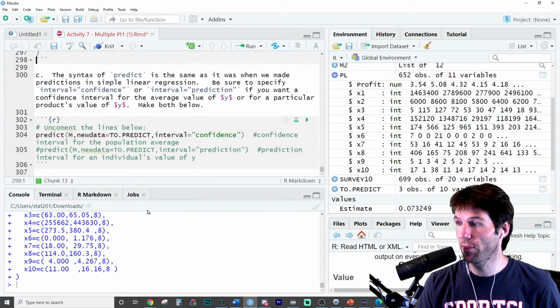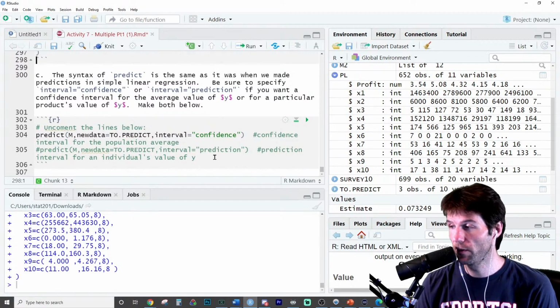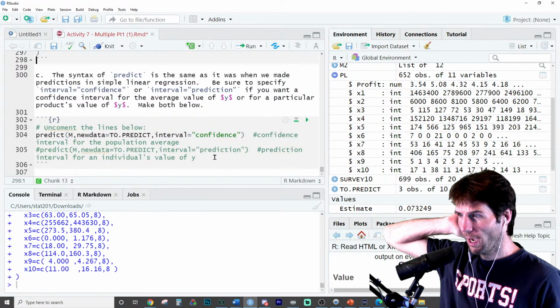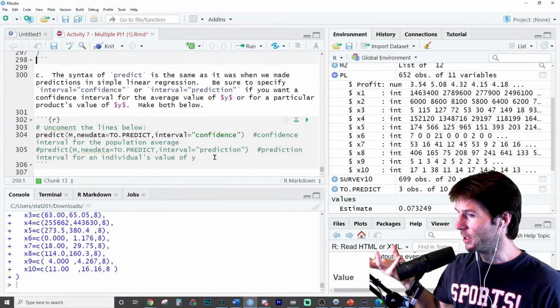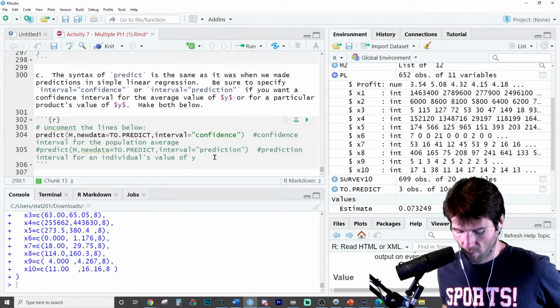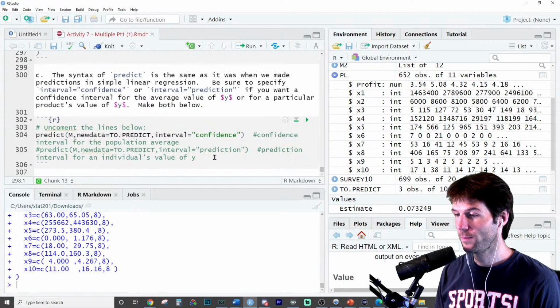Because it's writing a math equation. How can our model possibly make predictions? How could it solve a math equation? It would need values for what?